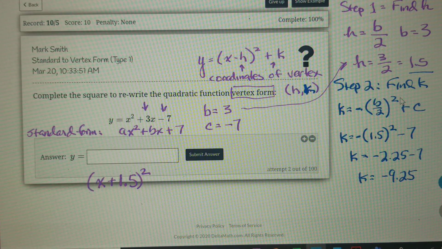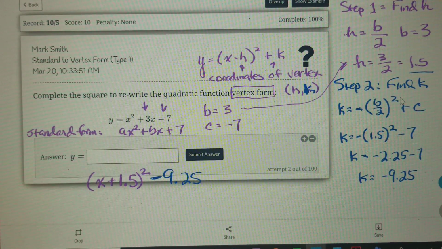That's the second part of our answer over here, 9.25. So the answer is x plus 1.5 quantity squared subtract 9.25.